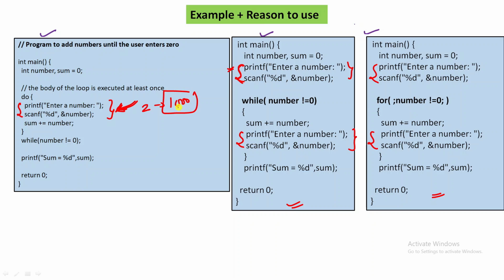Now if I'm making the same program using the while loop and for loop, then what will happen? Those 1000 lines will be repeated here and will be repeated here. The same with for loop. But in the do while loop, those 1000 lines need to be written here only once. So here it will be like 2000 lines, but here only 1000. So in that way, this do while loop is preferred.